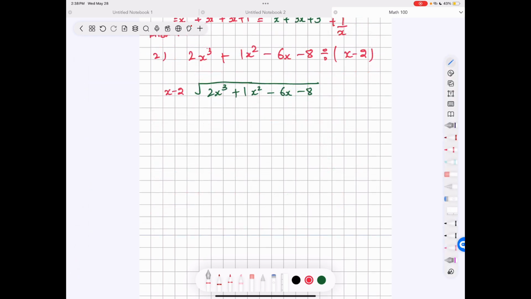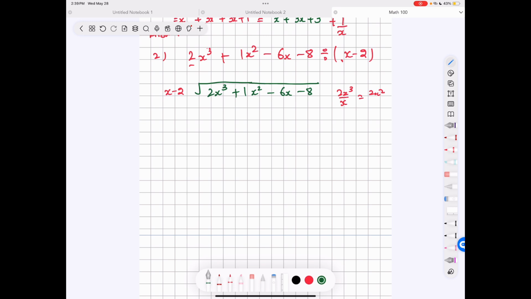Now we have our second equation. We're gonna divide this whole equation by x minus 2. We're gonna repeat the same steps, and this time we are gonna take the first term of the dividend and divide it by the first term of the divisor. So 2x cubed divided by x, we get 2x squared.